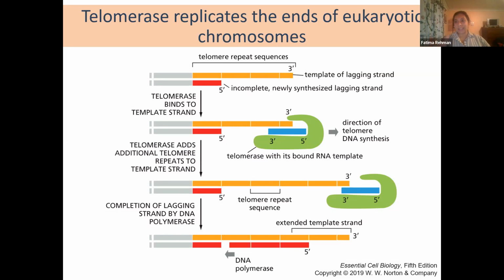Eventually, our telomeres get so short that now you cannot replicate without losing important DNA information. And at that point, the cell switches into a senescent mode and eventually dies out.